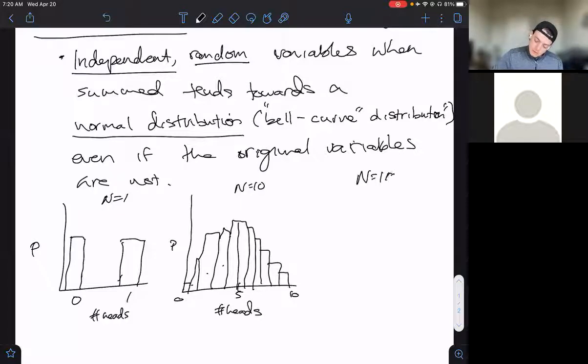And so it's starting to take a little bit of shape, where if we flip 10 coins, it's really unlikely that all 10 are going to be heads or 0 of them are going to be heads, but it's more likely that they're somewhere in the middle. However, if we take n equals 100, this pattern really starts to show up.